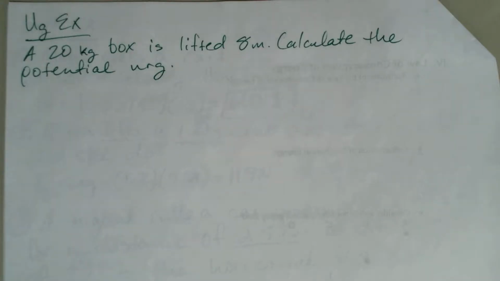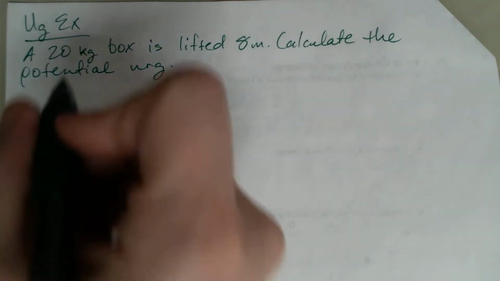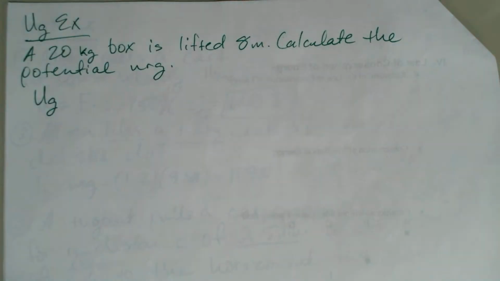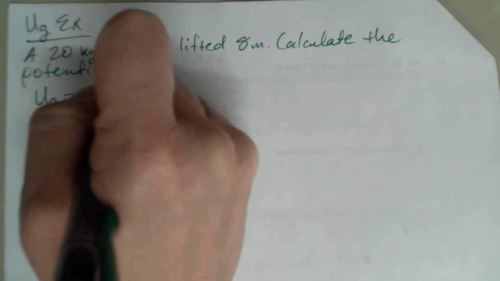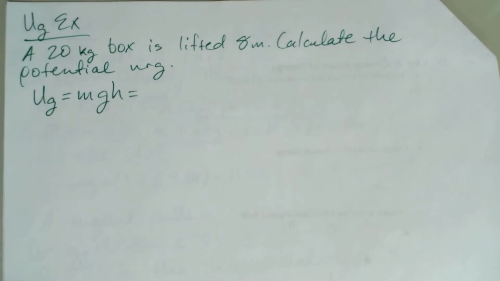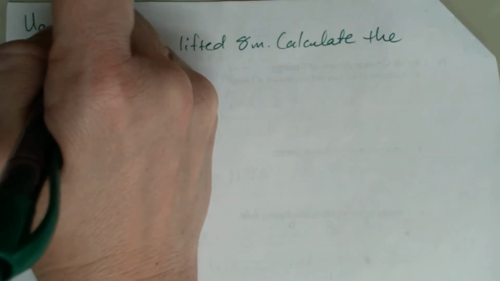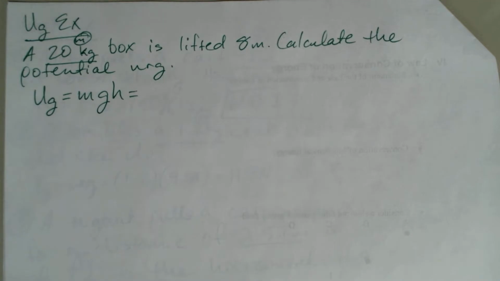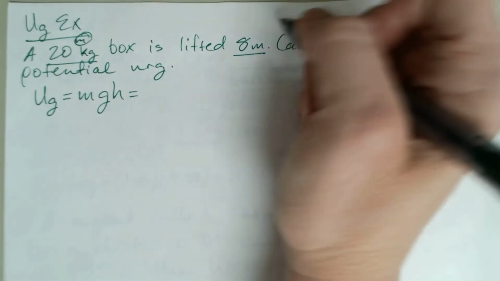Okay, so for potential energy, remember there's two different types. There's one where something has to be off the ground, and there's one where something in the problem is stretchy. So first example problem: a 20 kilogram box is lifted 8 meters, calculate the potential energy. Is this off the ground or is it stretchy? Off the ground. So we're going to use UG, gravitational potential, which is equal to mgh, where m is the mass. They gave us the mass, 20 kilograms. We know g is 9.81, and they gave us the displacement, the height.